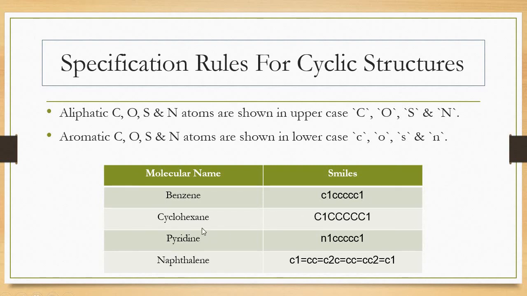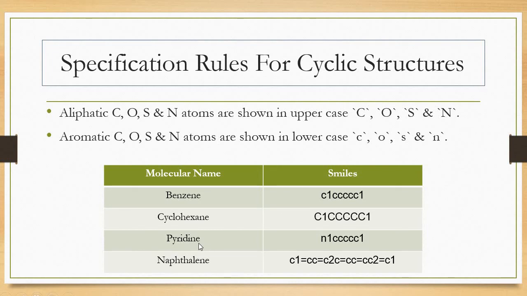The second example is cyclohexane. The string is very similar, but it contains capital C, and again this first C1 is interconnected to this C1 in the form of a ring in the cyclohexane.